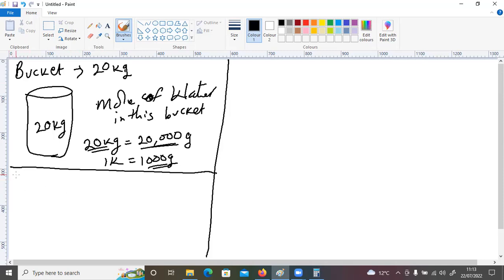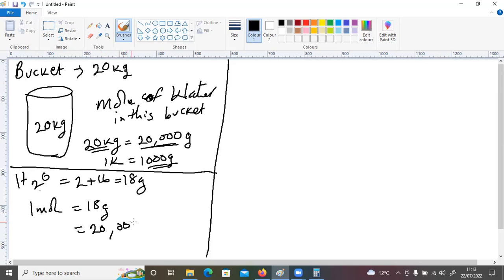So water, what's the mass of 1 mole of water? It is 2 plus 16. This 2 is 2 multiplied by 1 because 1 hydrogen has an RAM of 1, and therefore 1 mole of hydrogen is 1 gram. So I'll get 18 grams. So 1 mole of water is 18 grams. If I have 20,000 grams, how many moles are there?